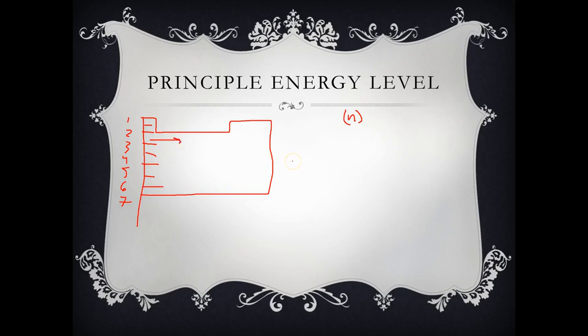As you move down the periodic table from the first energy level of hydrogen down to lithium, down to what's next, sodium, you're going to increase the number of shells.